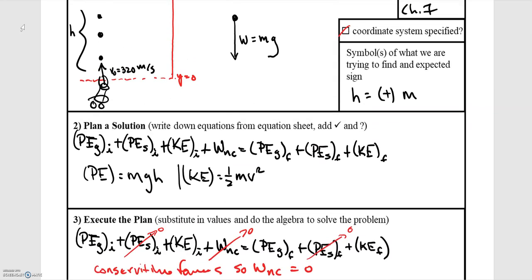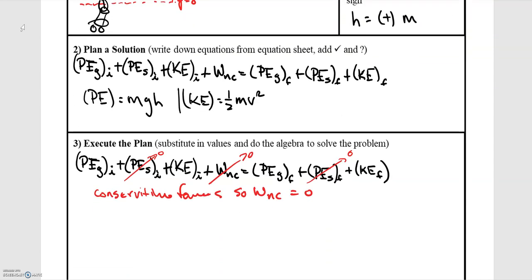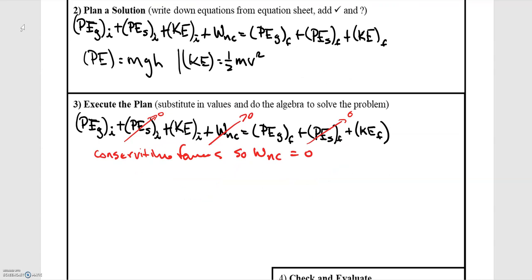We defined our y=0 point, our baseline point, to be where the cannon is launching the shell. So at that starting position, it has y=0, and the height based off this baseline is just 0.